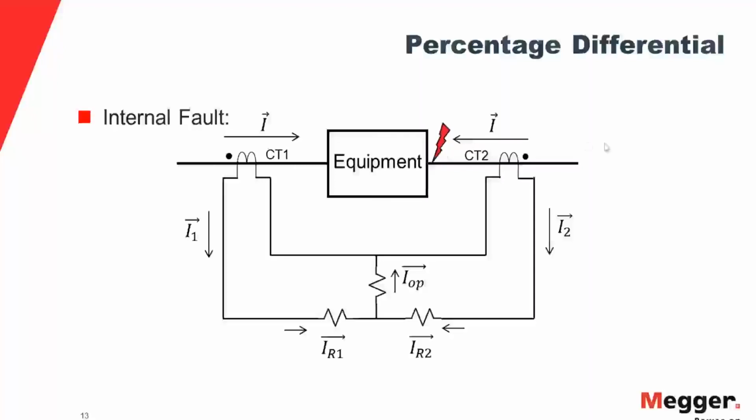Okay, VJ, I'm going to toss this one to you. The question comes from Nick. He asks, if you have an external ground fault in series with the equipment, will the current raise at the fault? So why will it not raise through the equipment?